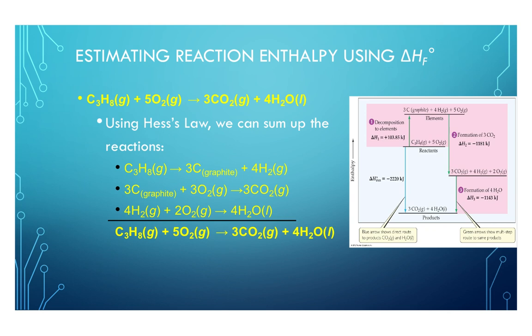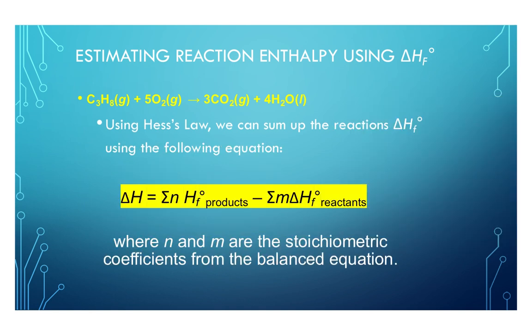Doing that, using Hess's law, we can sum up these reactions. So the graphite cancels out, the hydrogens cancel out, and now I'm left with C3H8 plus 5 O2 gives me 3 CO2 plus 4 H2O.